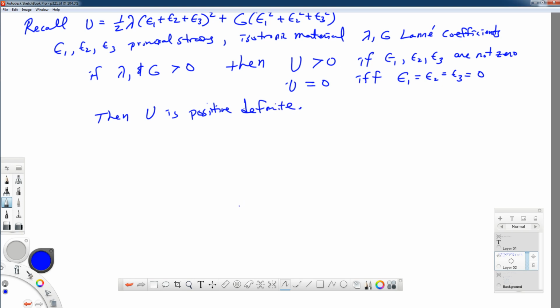Now there's another way that we can approach this. We can take a look at this in more of a matrix format.